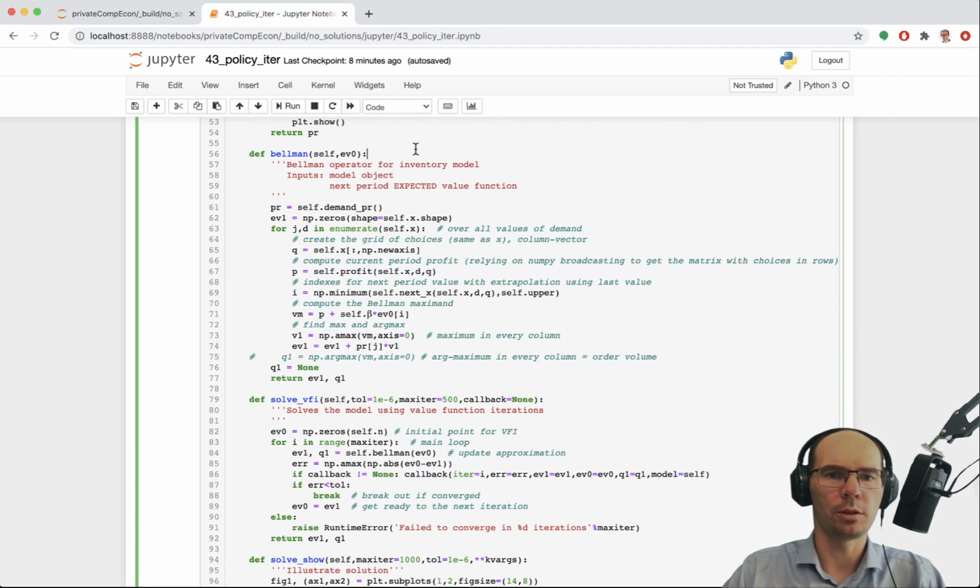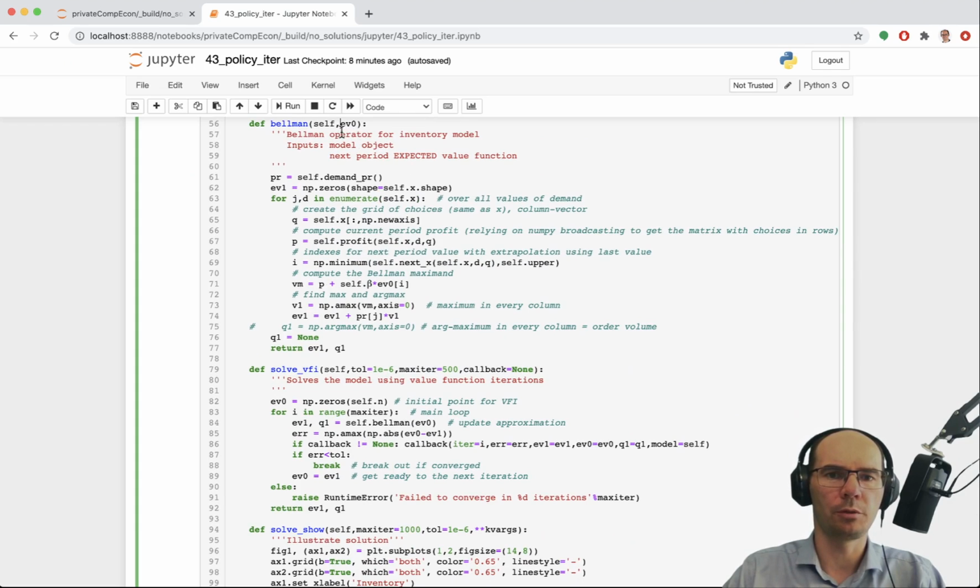Okay, the Bellman equation is now also part of the class, and this is the Bellman in the expected value function space, right? And here we are going over all possible values of demand to calculate the profits. Okay, this is the extrapolation of the value function, and then here's the expression for the value function in the matrix form.